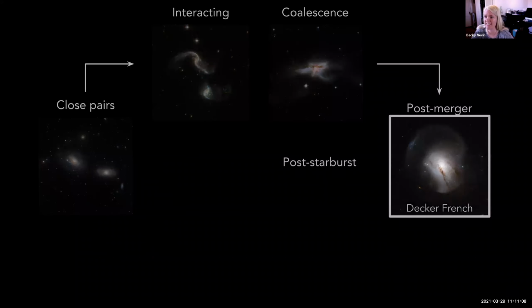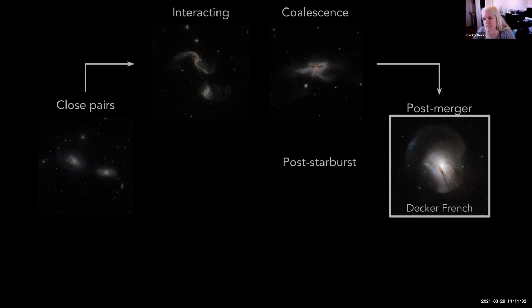Finally, I really want to highlight this last stage of the merger, the post-merger stage. I'm showing you an example of a post-starburst galaxy, which is believed to be one type of post-merger galaxy. These are galaxies that have dramatically and recently shut down their star formation. If you want to know more, you can check out Decker-French's work on the subject.